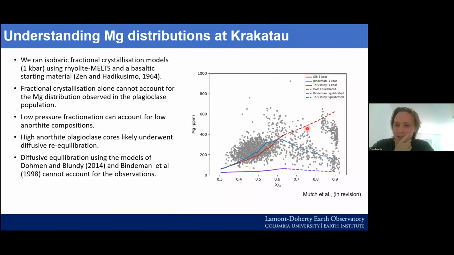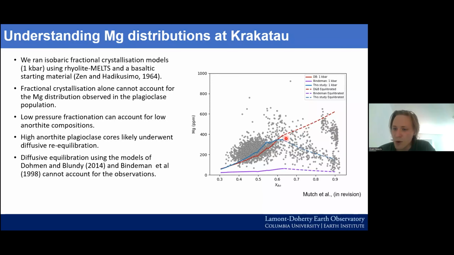So okay, well, now let's consider the effect of diffusive reequilibration combined with crystallization. So let's say these high anorthite plags were stored and they diffusively reequilibrated. And so their distributions would be governed by the partitioning relationship. And so we assume they reequilibrated with a composition around here.